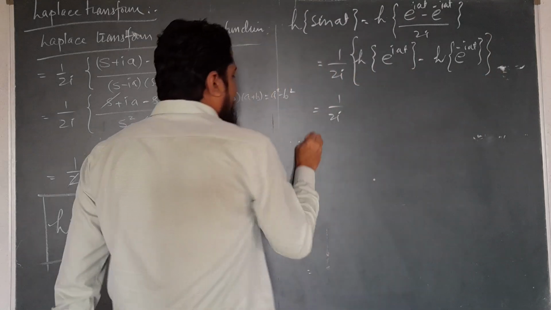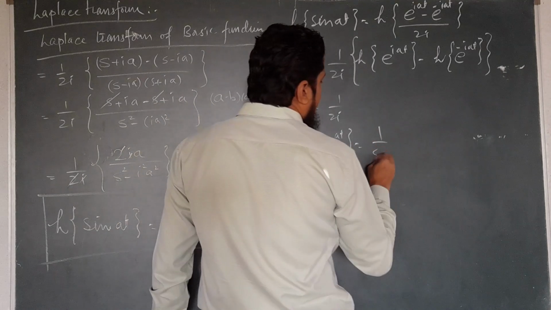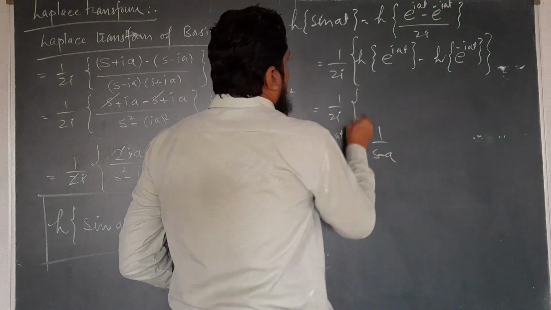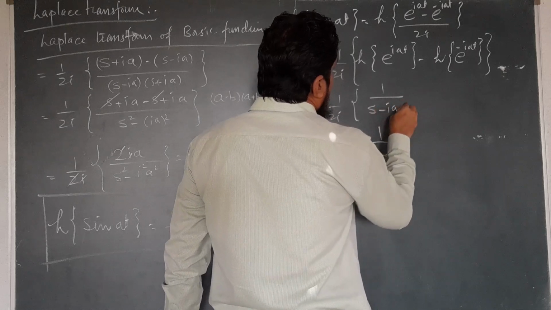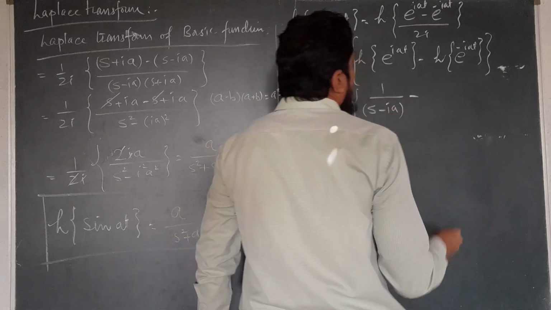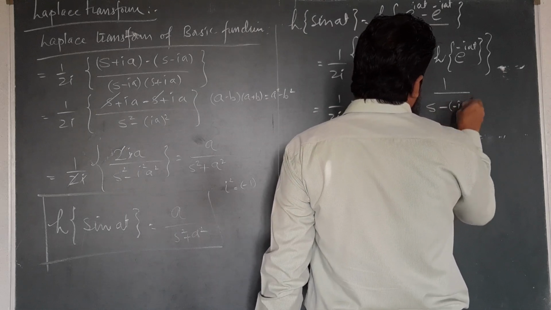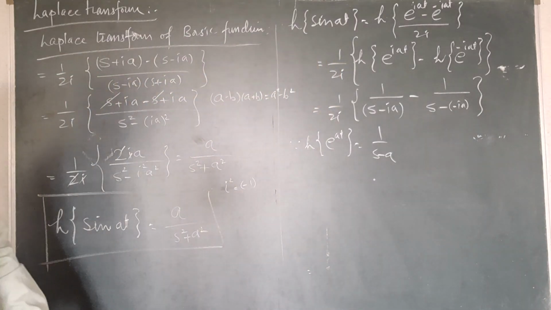Since we know that the Laplace transform of e raised to at is 1 upon s minus a, by using this, we will find 1 upon s minus ia minus 1 upon s minus minus ia.